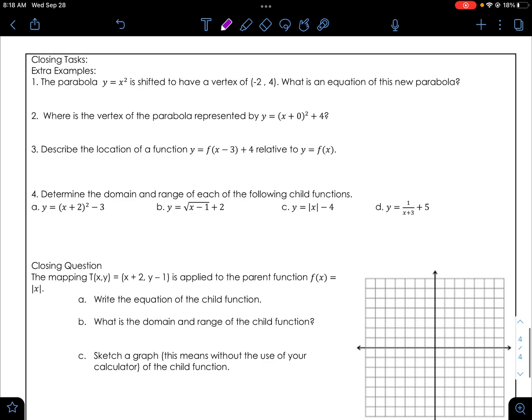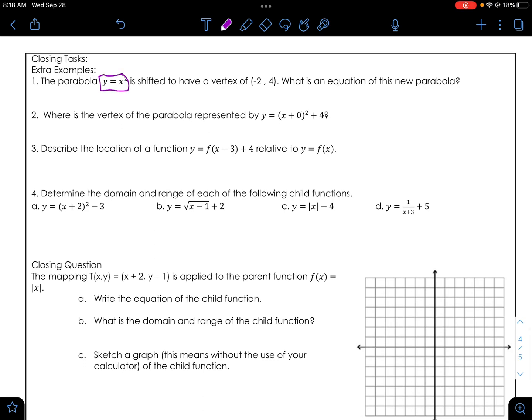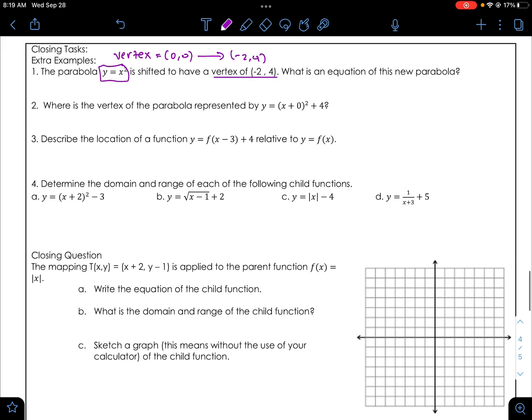The parabola y equals x squared is shifted to have a vertex of -2, 4. So if our function is y equals x squared, we know that the vertex for that is equal to 0, 0. So if the new vertex has moved and shifted to -2, 4, what we have done is we have moved left 2 and up 4 units.